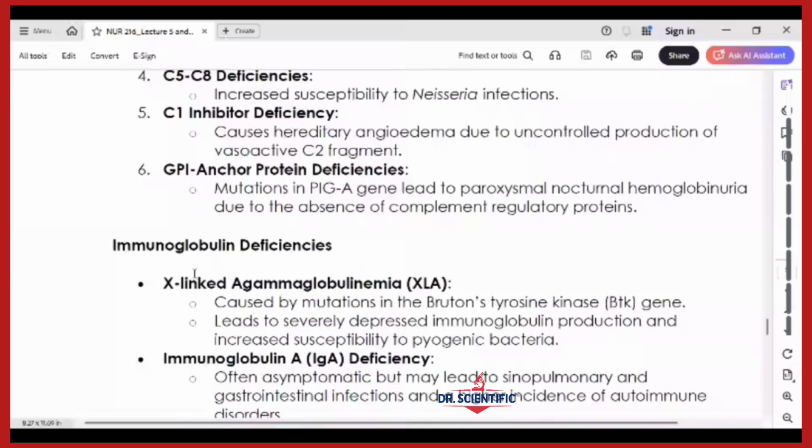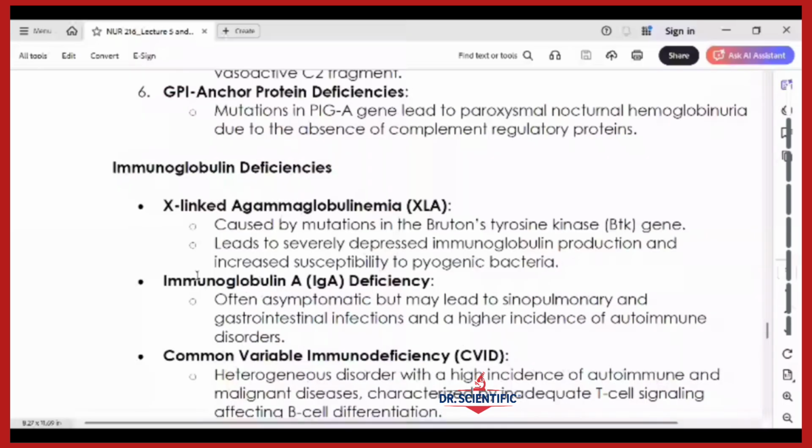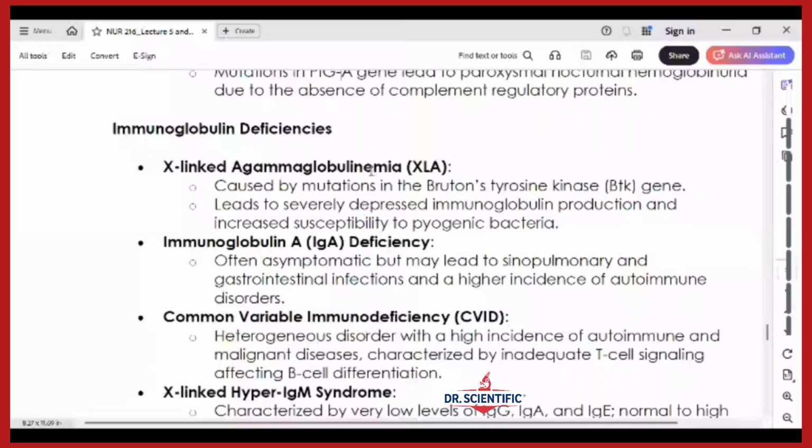Then we have immunodeficiencies that are emanating from antibody or immunoglobulin deficiency. So we have the X-linked agammaglobulinemia, or XLA, sometimes it's called that.